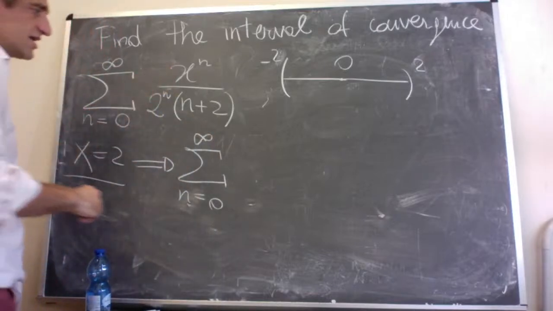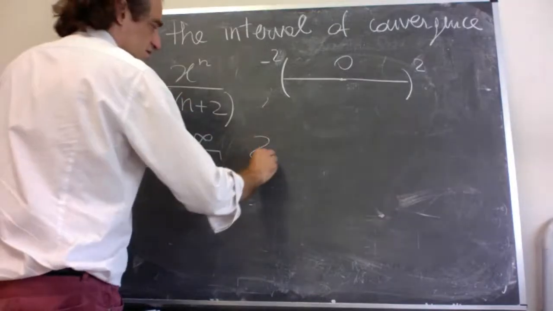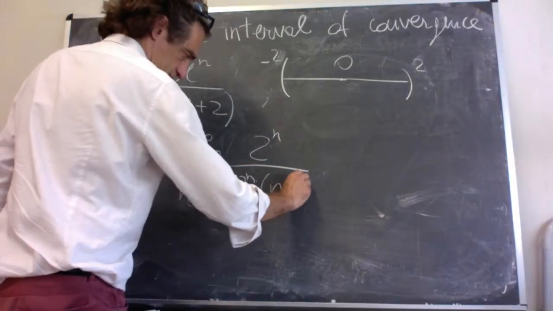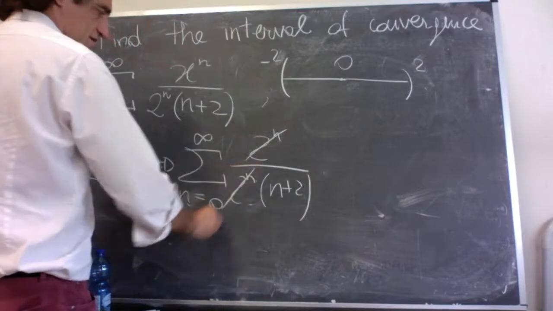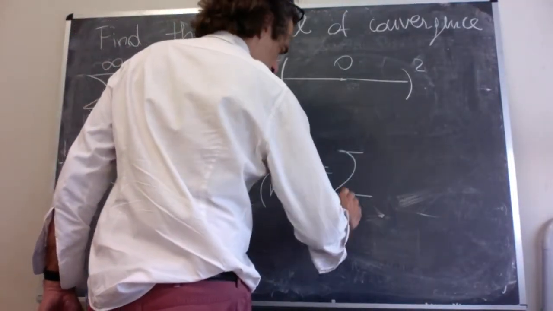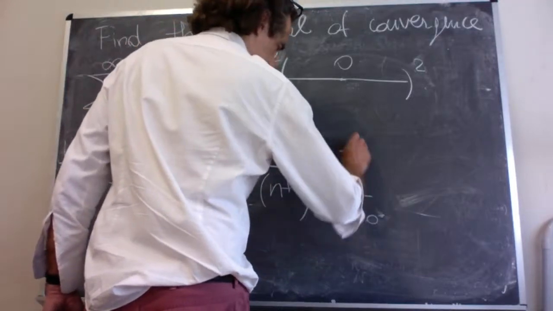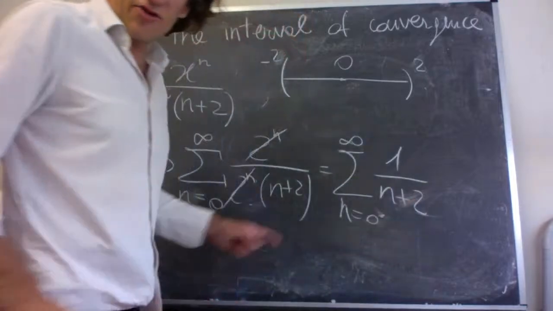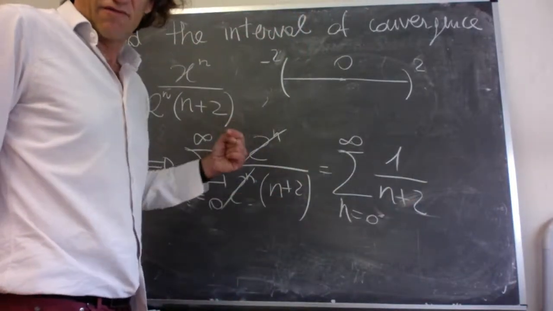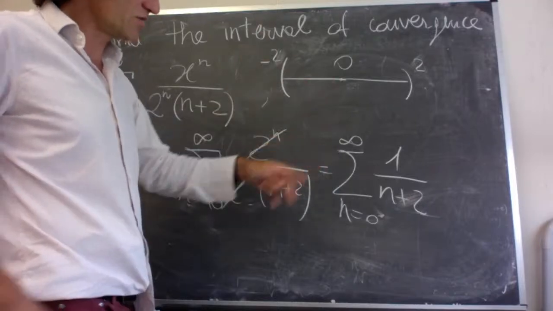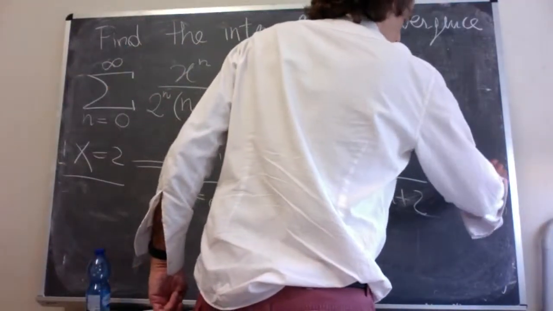Here you have 2 to the n, divided by 2 to the n times (n plus 2). So these two cancel. So you are led to the series 1 divided by n plus 2. I already met this in the first exercise of today, and this is nothing but the harmonic series without the first term, so this diverges to plus infinity.